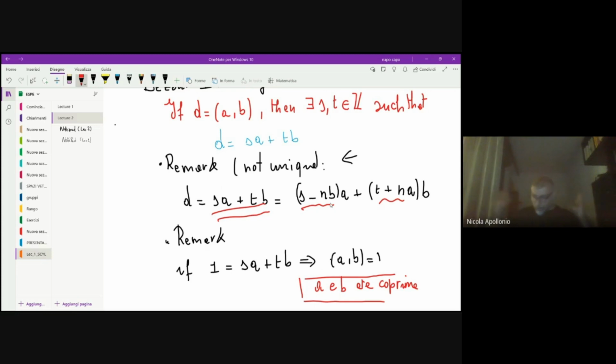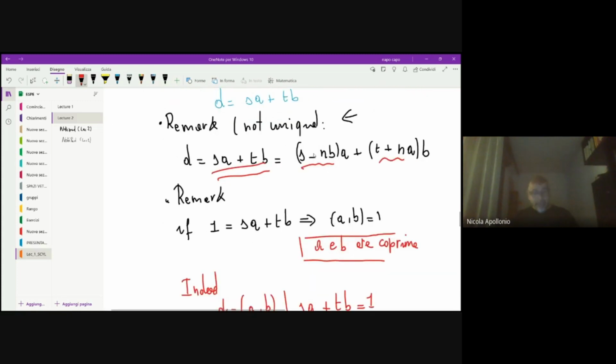We construct this linear combination, and if it happens that you can express one as a linear combination of A and B, you can be sure that A and B are coprime.